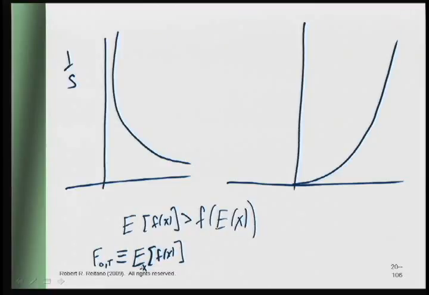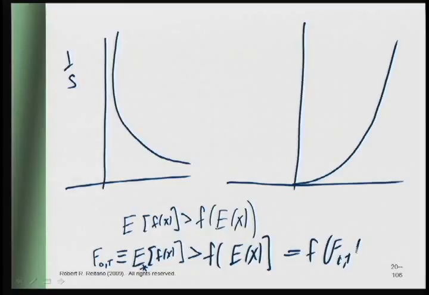These forward values, you recall, were expected values under the risk-neutral measure of a function of S. And what Jensen's inequality says is that the expected value of f of x has to be greater than f applied to the expected value of x. Well, the expected value of x would be the forward value on x. So this is the forward value on f of x, and this is f of the forward value on x.